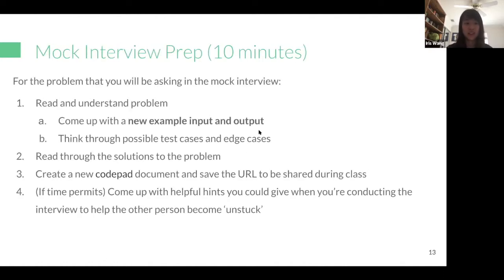All right, so for the mock interview prep, we'll ask you to read and understand the problem, try to come up with some example input output, think through the possible test cases and edge cases, read through the solution, make sure you understand the solution, create a new code pad and save the URL, and try to come up with some hints if you have time.